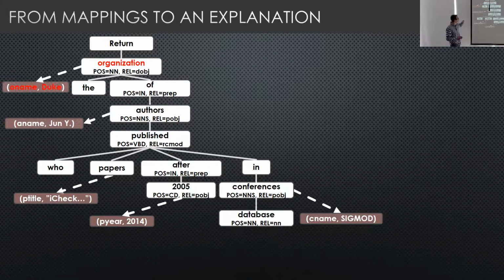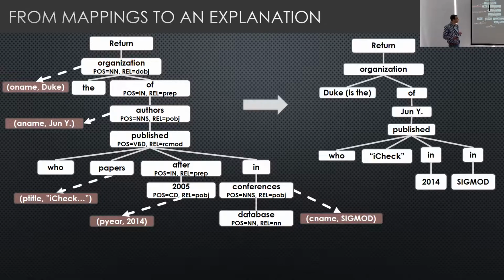For example, the word organization was mapped to the variable oname in the formal query, and then it was mapped to the value Duke University by the assignment. So once we have the dependency tree and the mappings, we want to convert them into an explanation tree in order to create an explanation sentence.